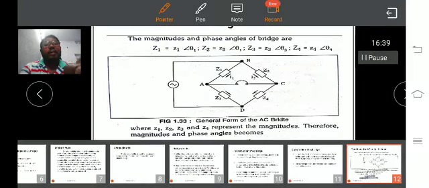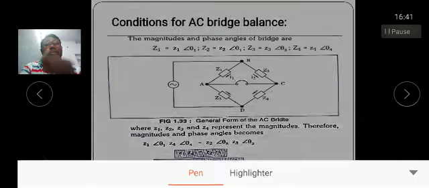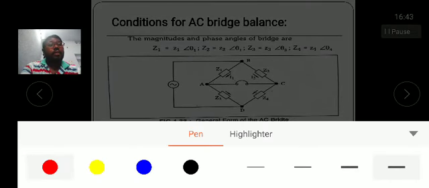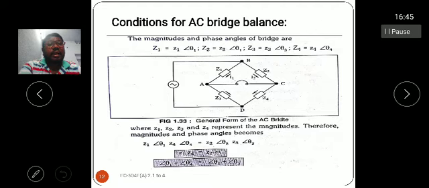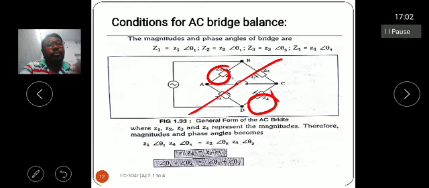That means if you observe the concept of the balancing conditions, these two impedances Z1 and Z4, z1∠θ1 times z4∠θ4, are equal to Z2 and Z3, z2∠θ2 times z3∠θ3.